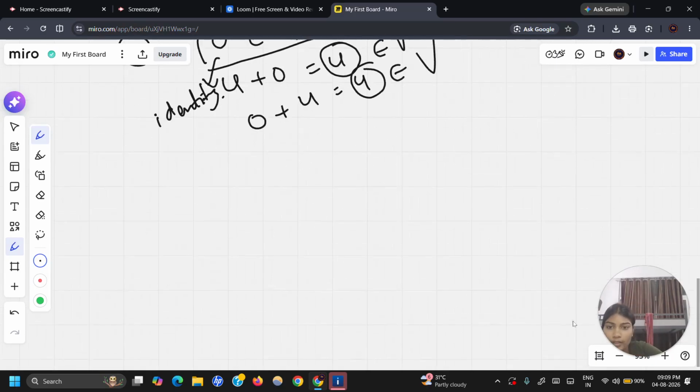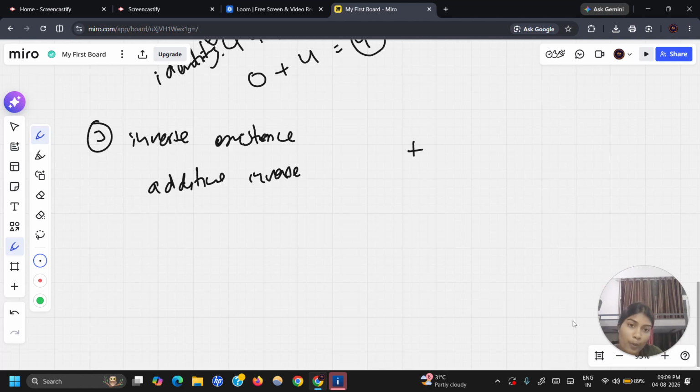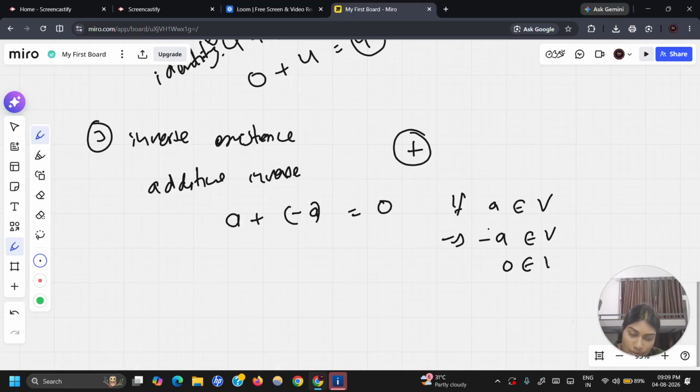Coming to inverse existence, here we consider the additive inverse, since we are doing the group operation under addition. What is the additive inverse of A? What should be added so that it becomes 0? Obviously it is minus A. A belongs to V and 0 also belongs to V, and minus A plus A equals 0.